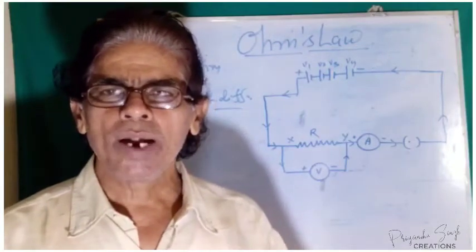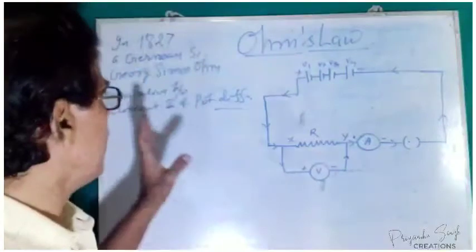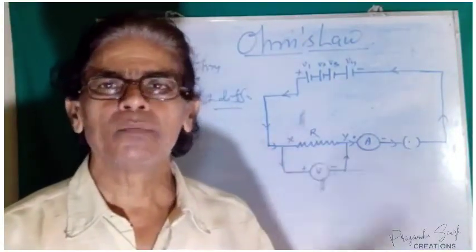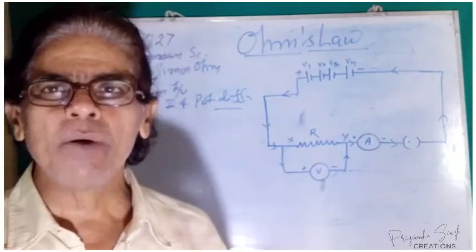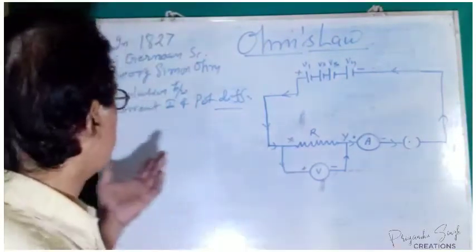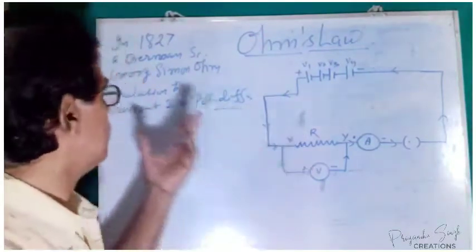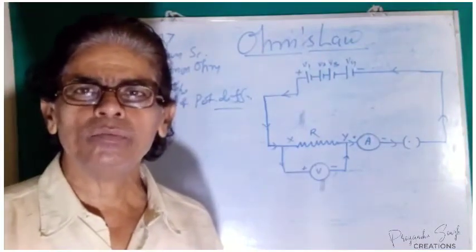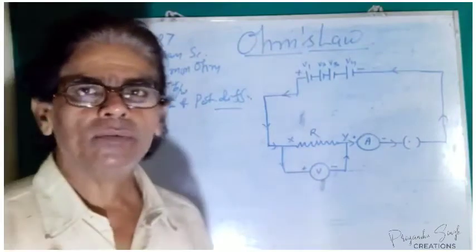Now, a quantitative relation between the current strength and the potential difference was studied by a German scientist, Georg Simon Ohm, in 1827.